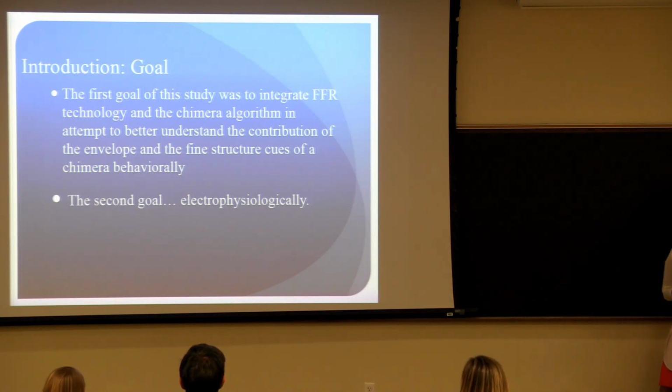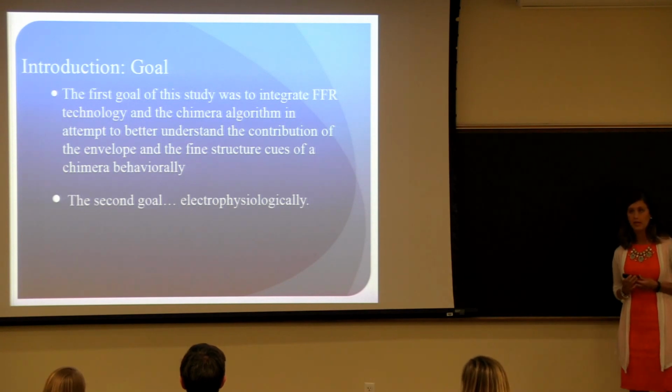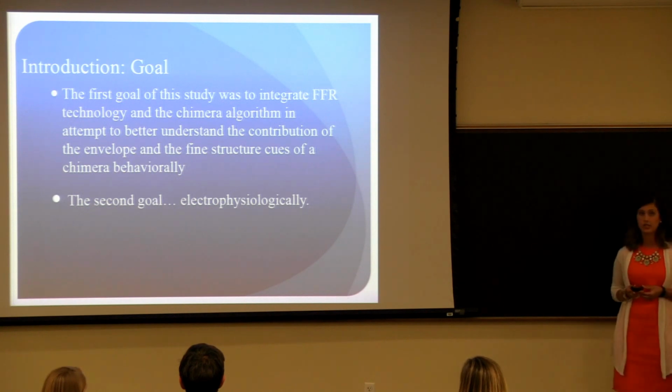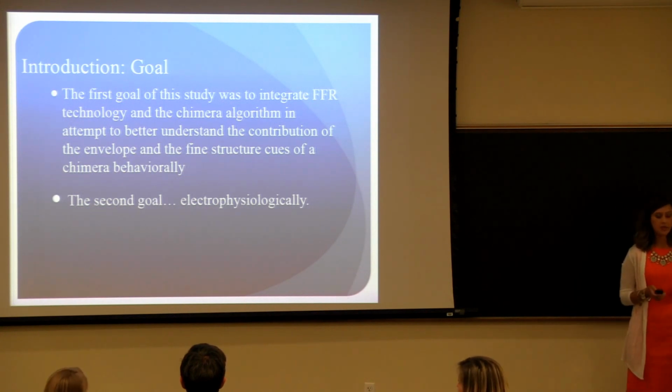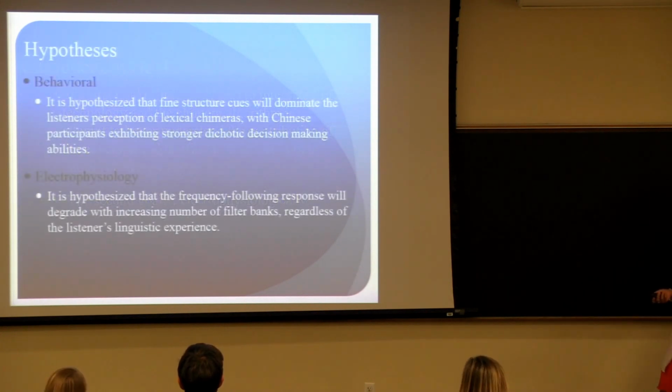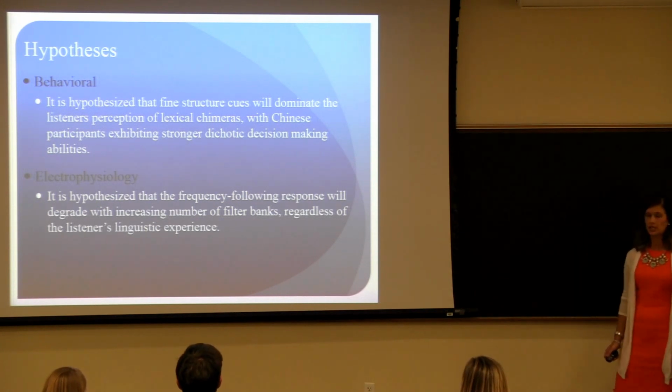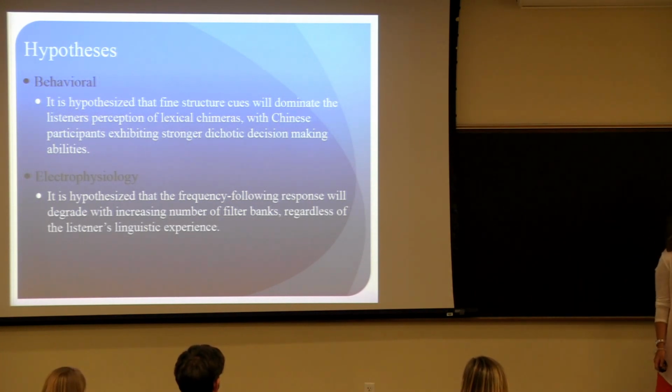So the first goal of this study was to integrate the FFR technology and the chimera algorithm in an attempt to better understand the contribution of the envelope and the fine structure cues, first behaviorally and then electrophysiologically. In order to investigate this, the study was broken up into two separate portions: our behavioral portion and our electrophysiological portion, or EP.